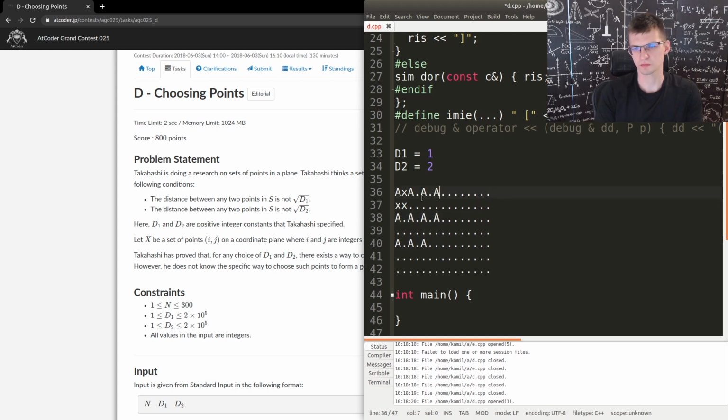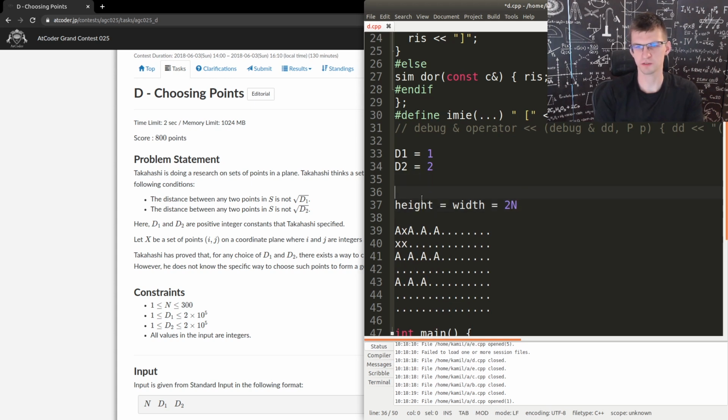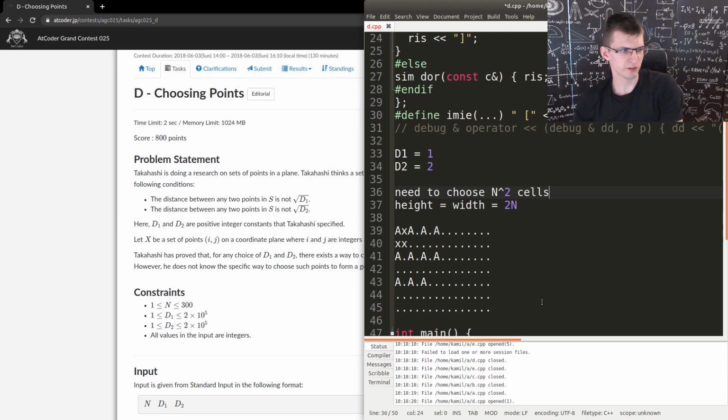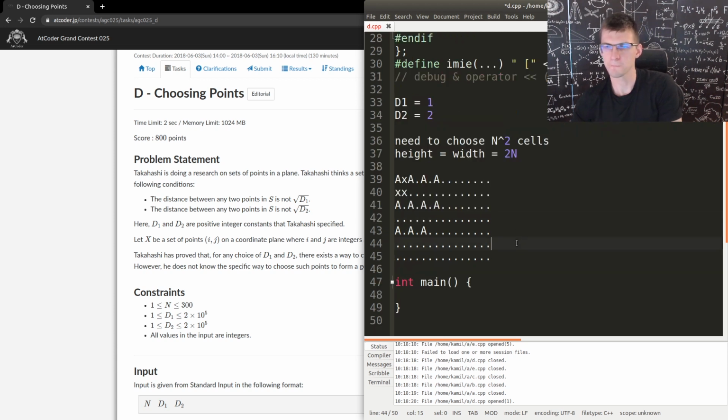And so on. This could be exactly n square cells. Grid size is height equal width equal to n, and I need to choose n square cells. So we barely are able to do it. I wonder what about bigger D1, D2?